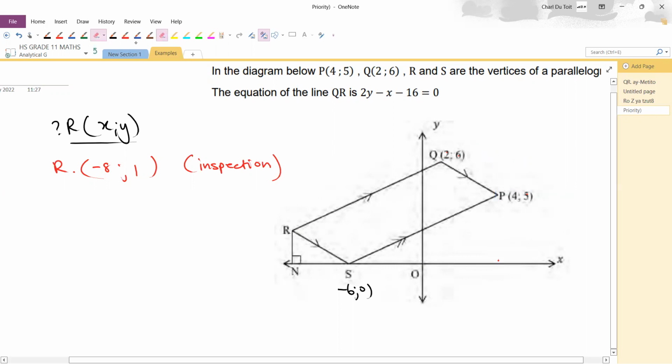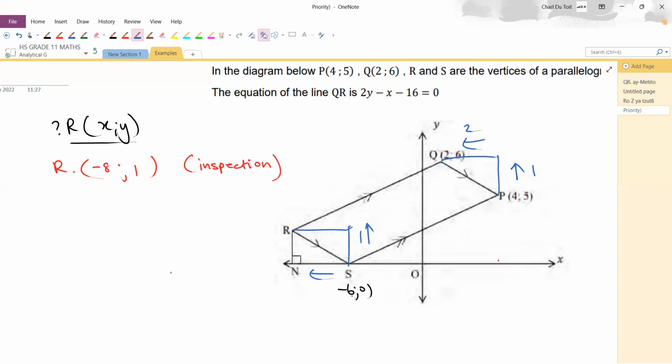It's going to be easier to visualize. So from P to Q, I'm moving 1 up and 2 left. So from S, I'm also going to move 1 up and 2 that way. So from 0, 1 up gives me a Y value of 1. And from -6, 2 to the left gives me -8. So you can also work on those sides. That's your inspection method. Okay, there's also an algebraic method.